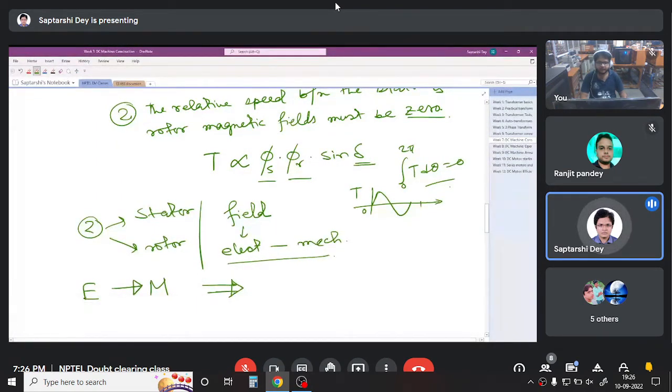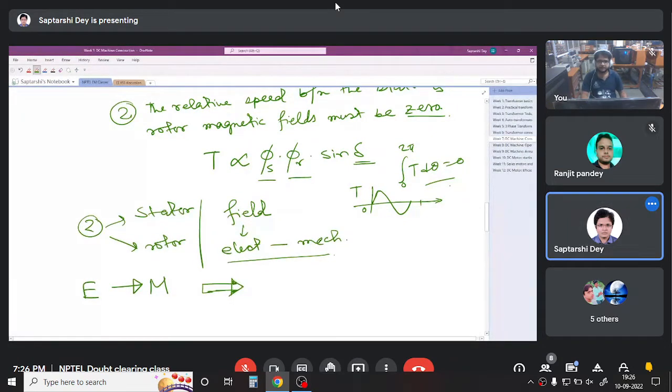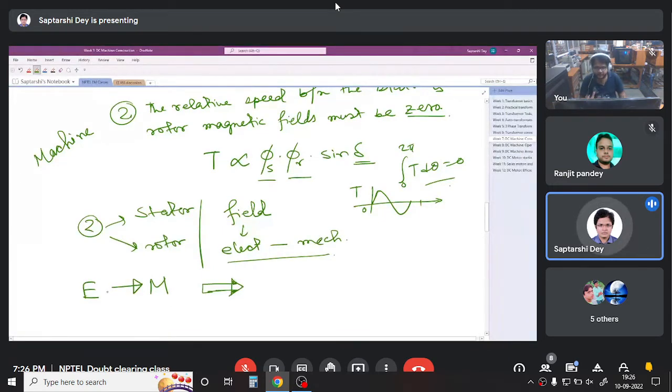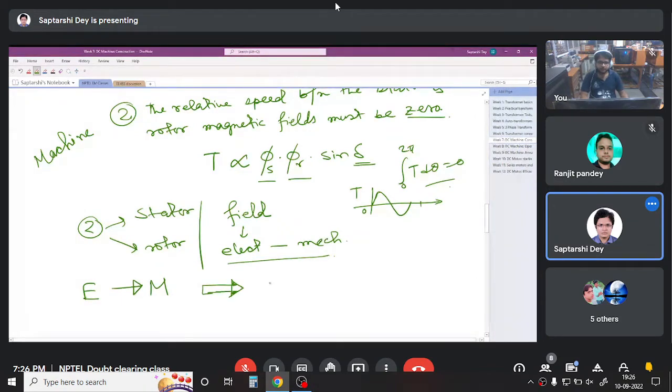See, as of now, I have only talked about machine. I have not told about motor or generator. Machine is a general term. So if an electric machine is converting electrical energy to mechanical energy, what will you call it? That is a motor.